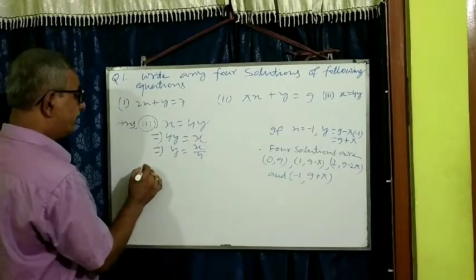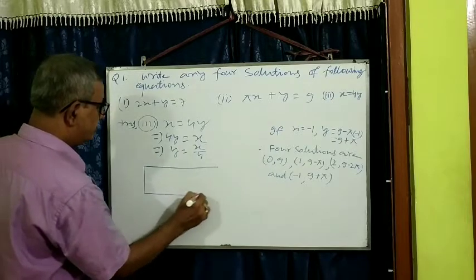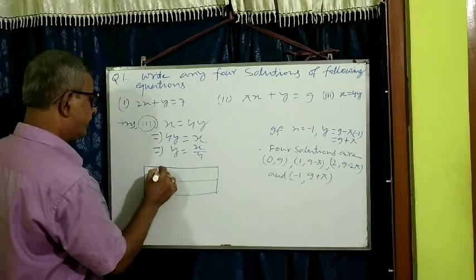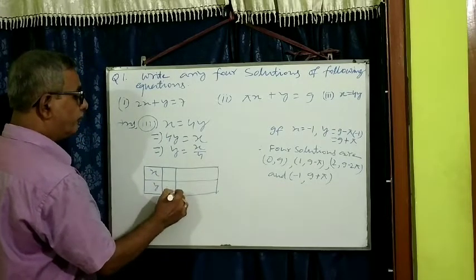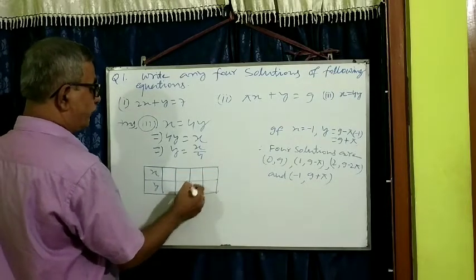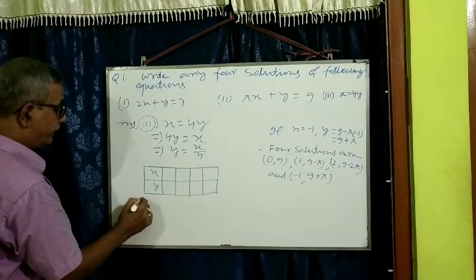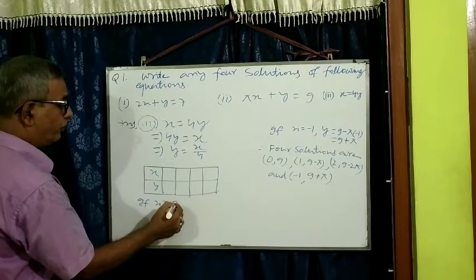Now make the table as you always do. One solution, two solutions, three solutions, and four solutions you get. If x is equal to 0, what will happen?